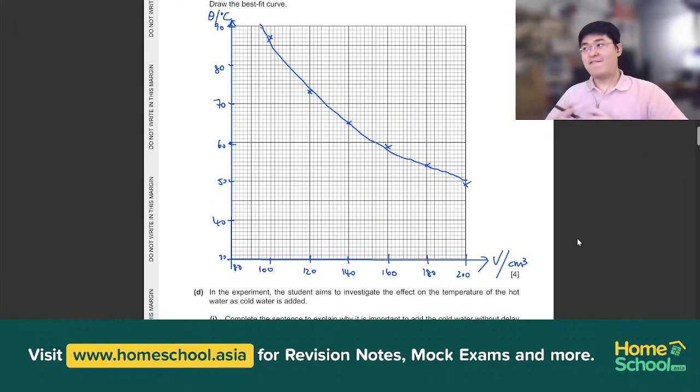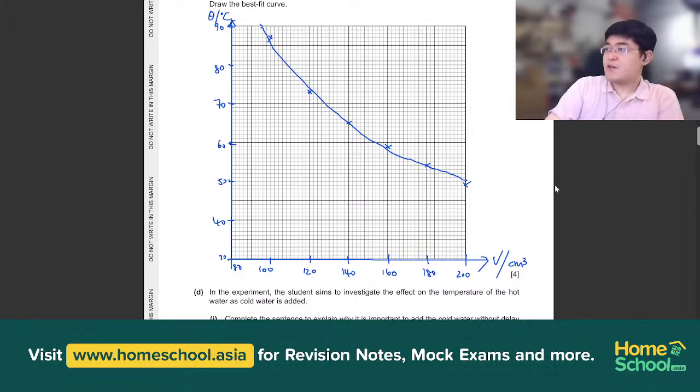So how do we get the full 4 marks? The first mark is given to you when you draw the axes correctly, label them correctly, and place them correctly. The second mark is given for a suitable scale and correctly plotted points. So all these little numbers right here get you your second mark. Your third mark is given when you draw the plots correctly and within half a small square.